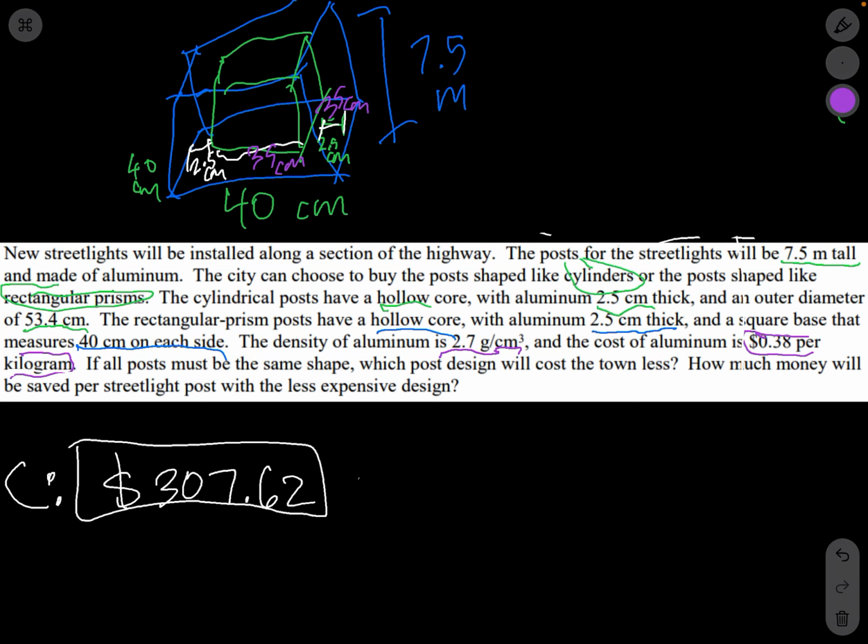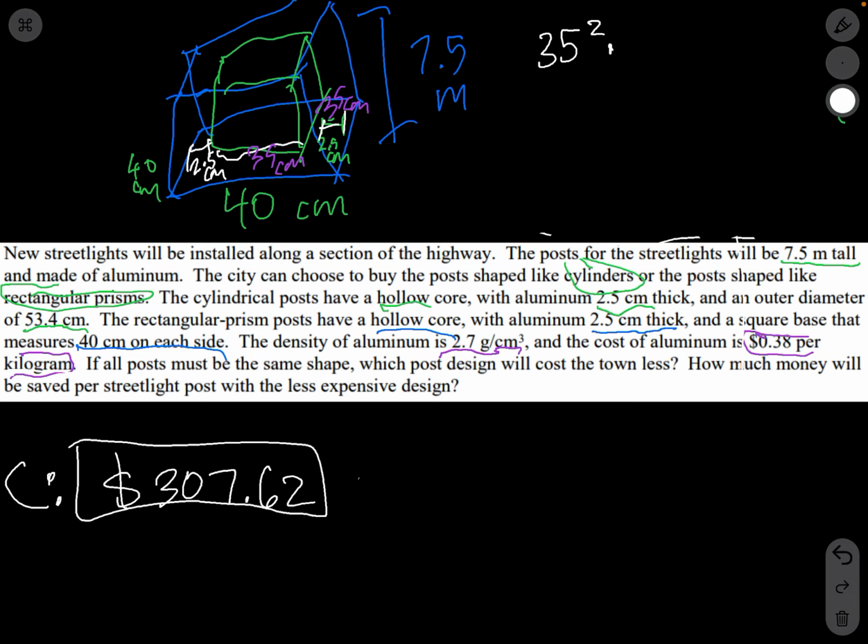So the inside volume is 35 squared times 7.5 times 100, because the 7.5 is in meters.